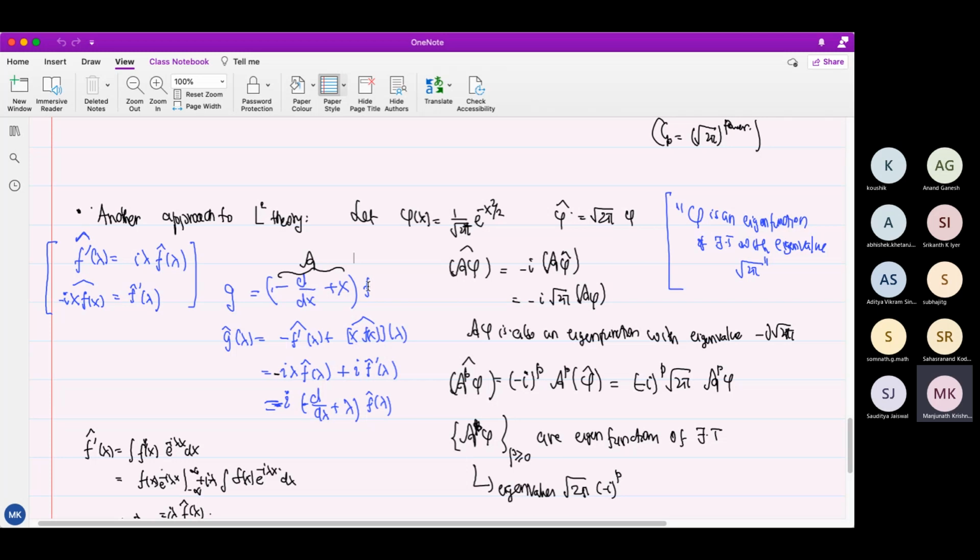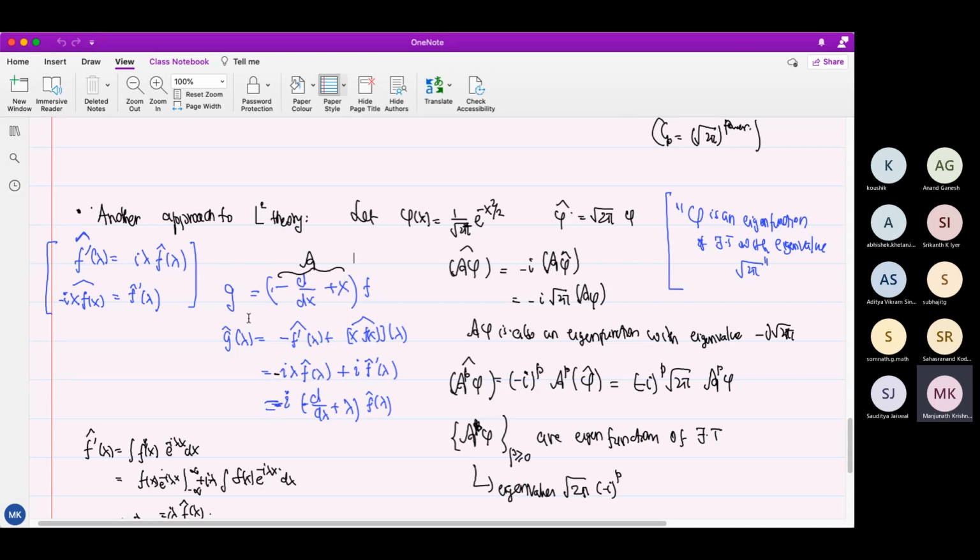Basically, x times the function has as its Fourier transform the derivative of the Fourier transform, and the derivative of f has as its Fourier transform lambda times the Fourier transform. So these signs are chosen properly. There are factors of I and so on, so one should be careful.